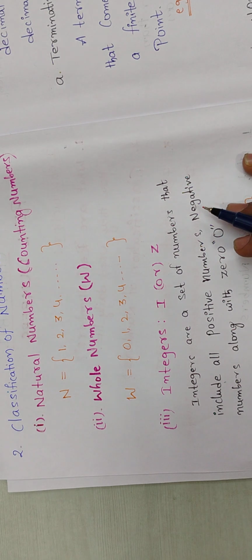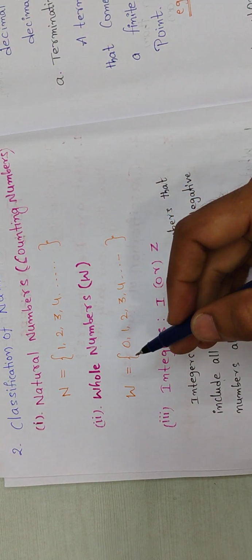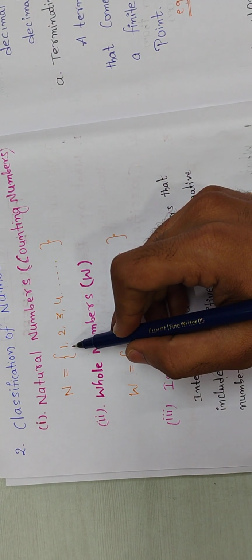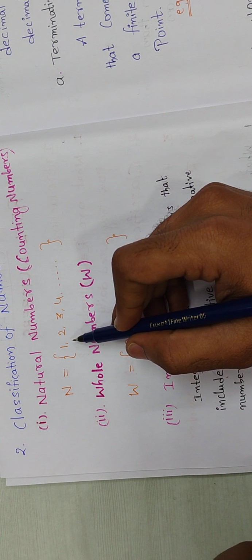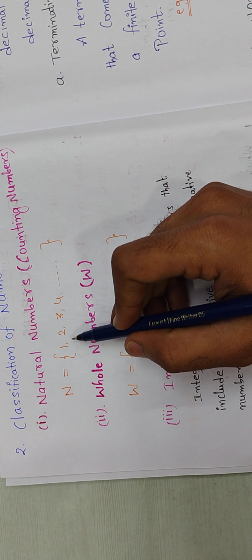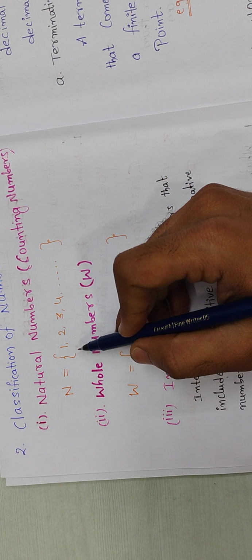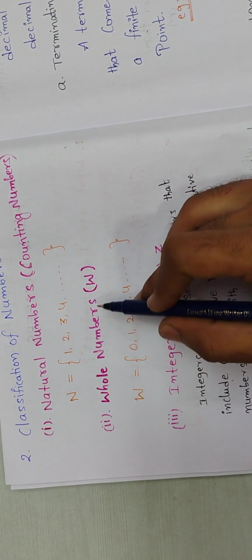Next, natural numbers begin with 1. When we add 0 to the set of natural numbers, we call those numbers whole numbers.